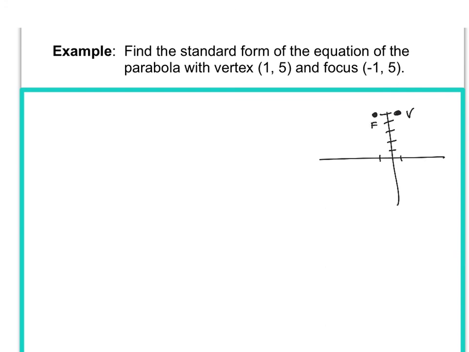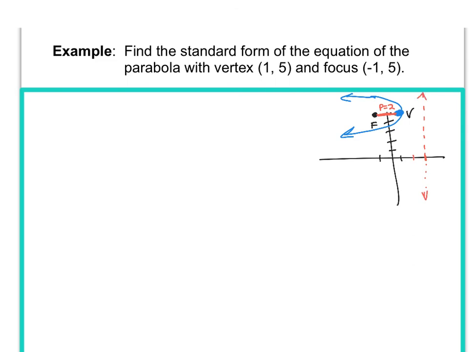Okay, right away, I already know that my parabola is going to open to the left because the focus is always inside the parabola. Another thing I know here is if I look at this distance here, I can tell that p is 2 units. So if I needed the directrix, I would go 2 units outside my parabola to get the directrix.